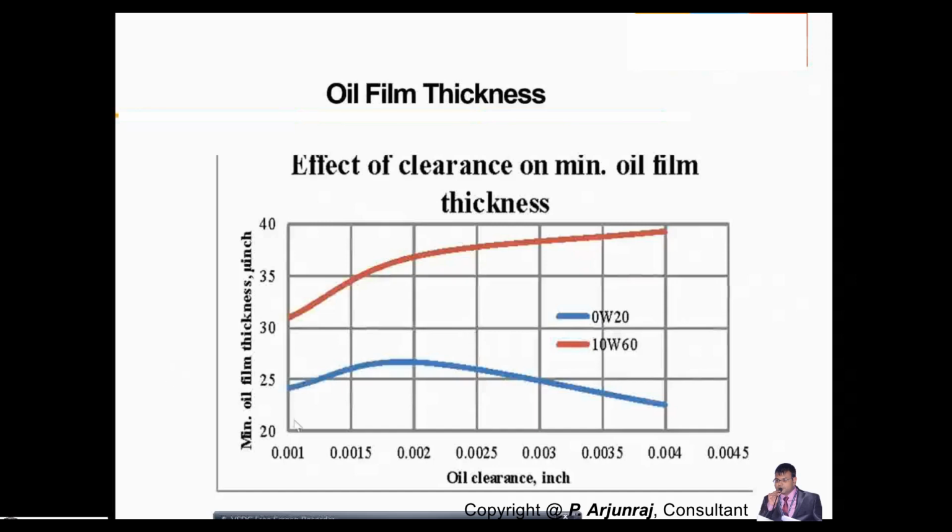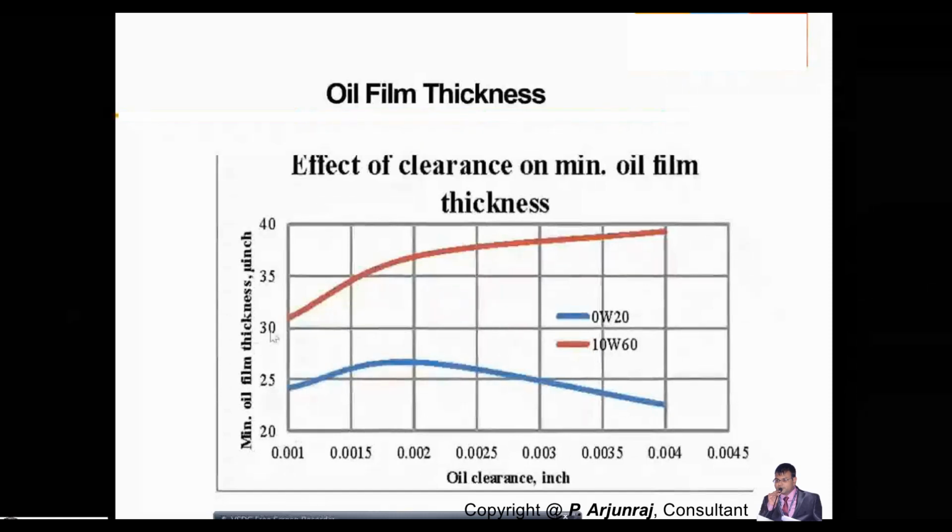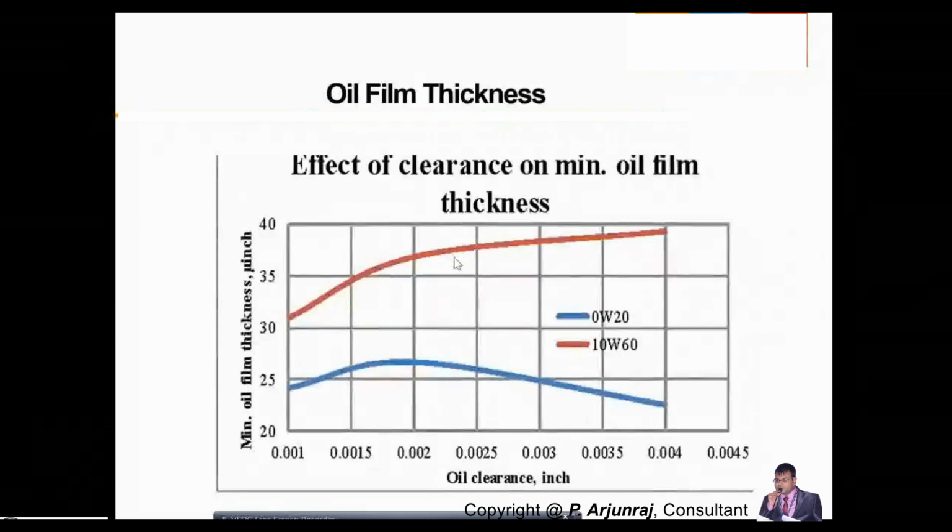When the thickness is very low, in this region, the viscosity will be lesser and the flow will be good, but what happens? You need to maintain some oil film thickness, because if the thickness is too low or too high, you cannot perform the cooling properly. So in order to have effective cooling, you need to maintain some film thickness.